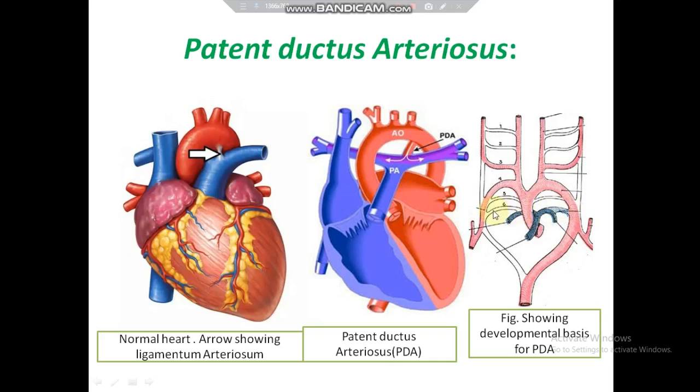On the right side it gets obliterated, but on the left side it remains, because blood has to shunt from the left pulmonary artery into the aorta. So this is known as ductus arteriosus initially, but later on, after birth of the child, it closes. There occurs fibrosis of this duct, which is known as ligamentum arteriosum. But in some cases it remains patent. Once it remains patent, that condition is known as patent ductus arteriosus.